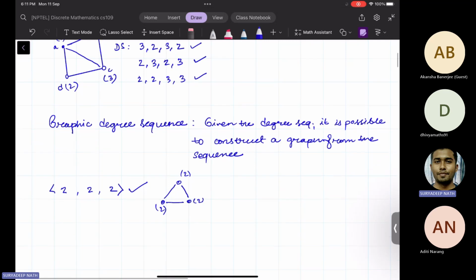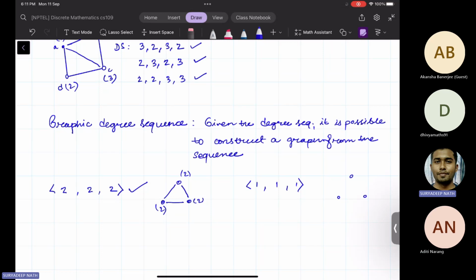We have a triangle. But if we have, let's say, 1 1 1, so we have 3 nodes. The number of elements in the sequence is the number of nodes. Can we create a graph from this 1 1 1?